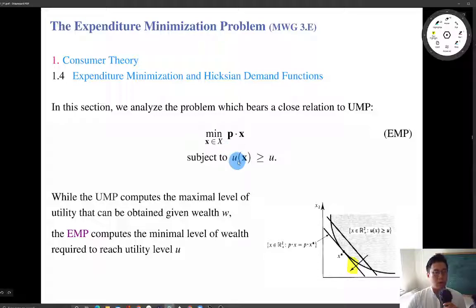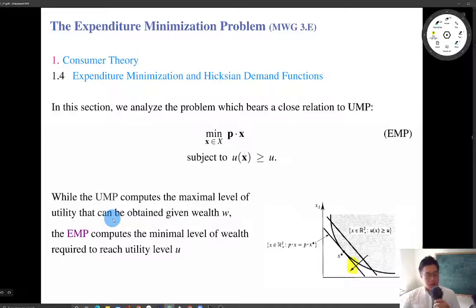So now the consumer's utility U of X appears in the constraint, and the expenditure P dot X now appears in the objective function. So now we pin down one indifference curve and adjust the level of expenditure, figuring out the most efficient way, the cheapest way, of achieving that level of utility. So that is the EMP.